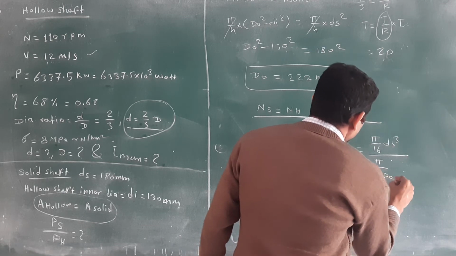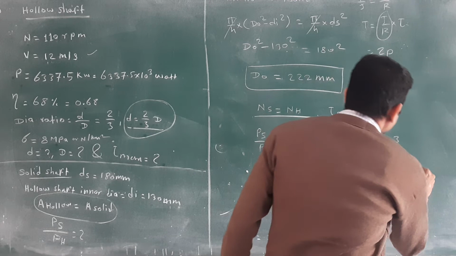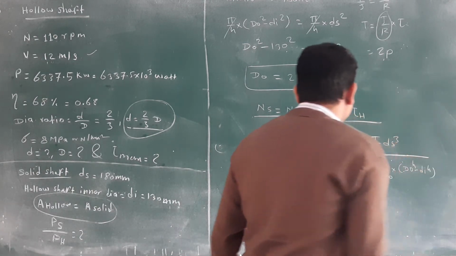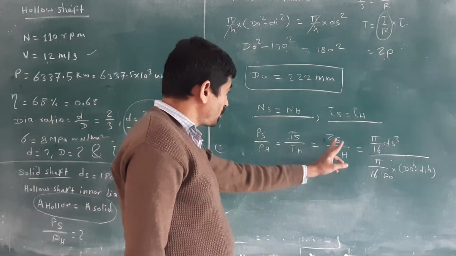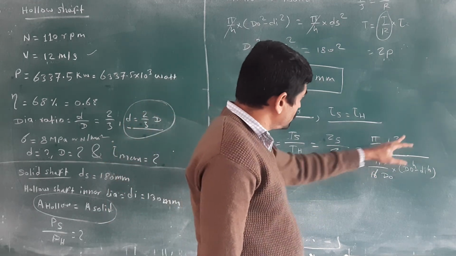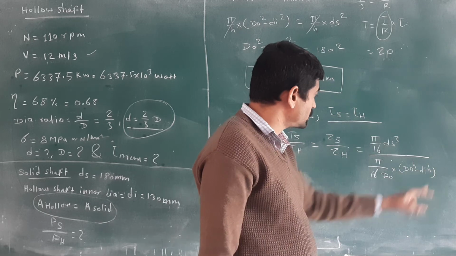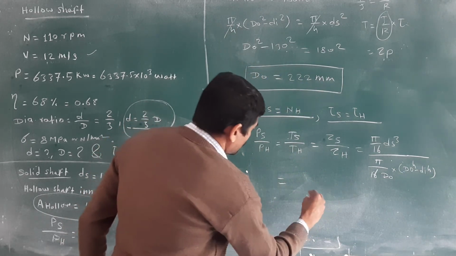Pi by 16 DO into DO raised to 4 minus DI raised to 4. Very good. Then pi by 16 into DS cube divided by pi by 16 DO into DO raised to 4 minus DI raised to 4.